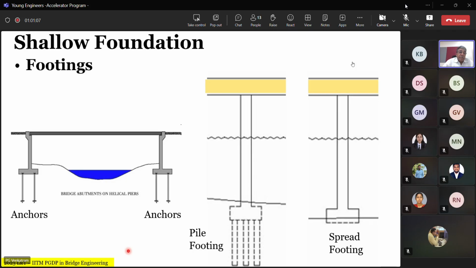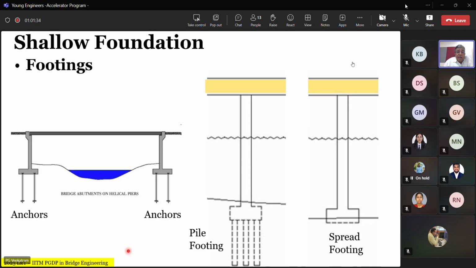So suppose you are in a situation where you are not in a position to do a deep foundation, and at the same time, the strata at which you want to put up the footing, you have to do shallow foundation, but the strata is not sufficiently strong, but maybe 5-6 meters below that, you have a reasonably strong strata.